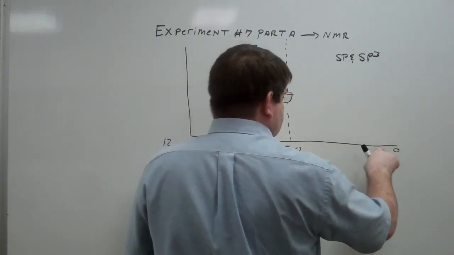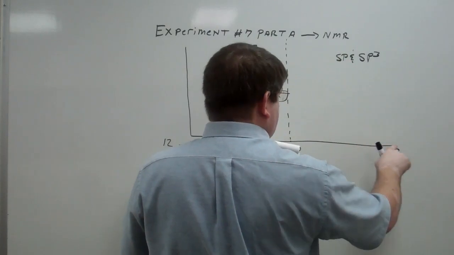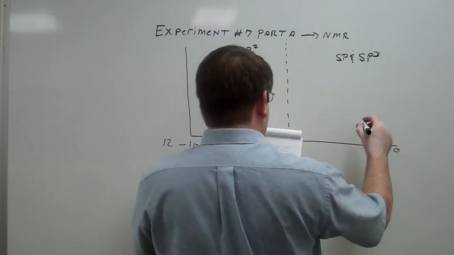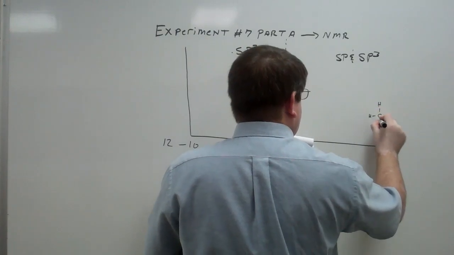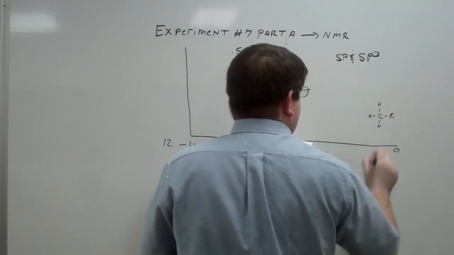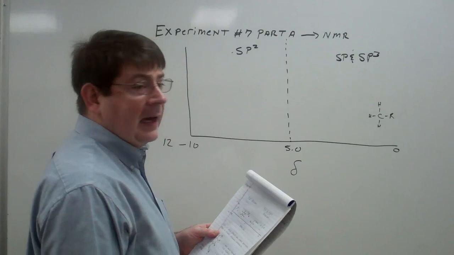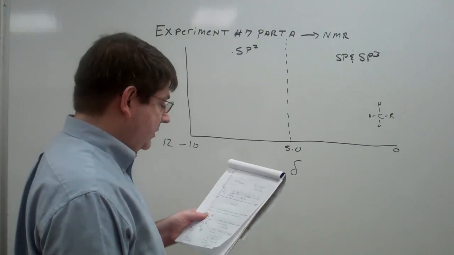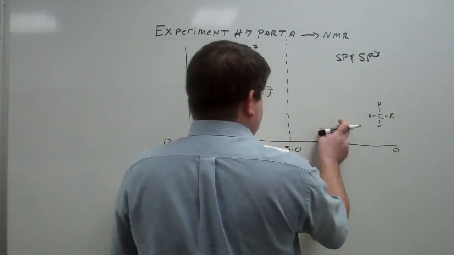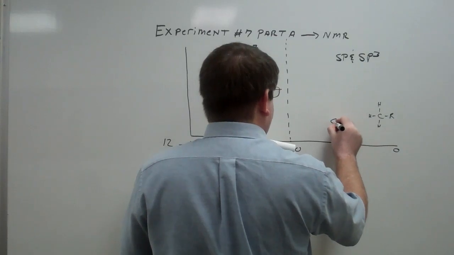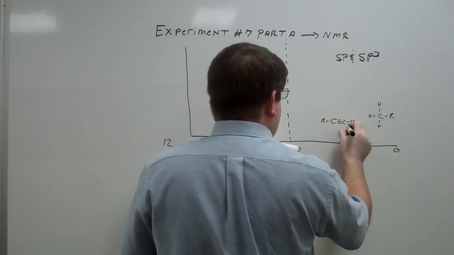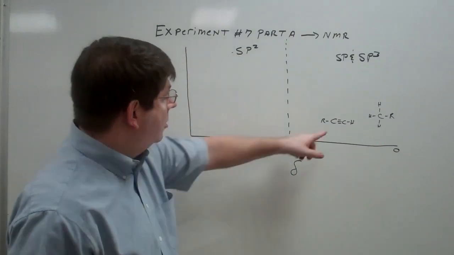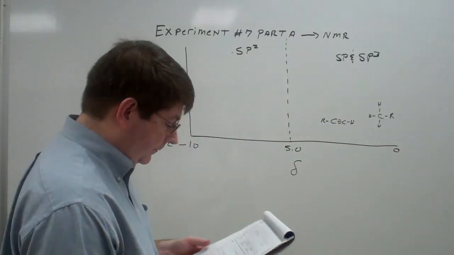Now, close to 0, somewhere between 1 and 0, 1.5 to 0, somewhere in that ballpark, you're going to have things that are just simple aliphatic carbons with hydrogens attached to them. Somewhere around 2.5 or so, you're going to have sp hybridized carbon-hydrogen bonds.